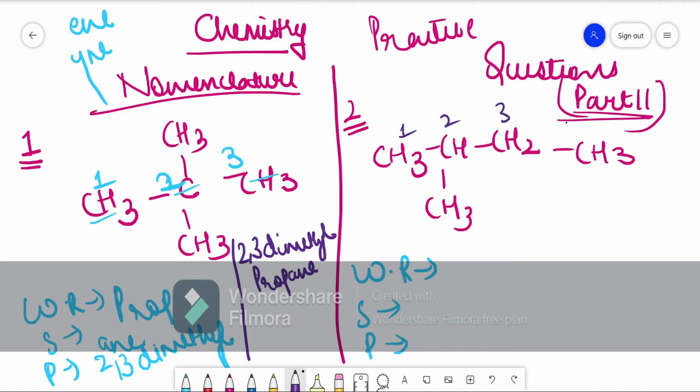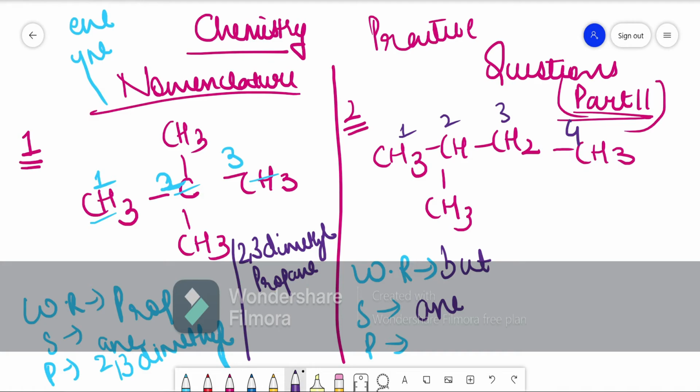Now for this one, first let's number the carbon. If you count from here it is 1, 2, 3, but if you take it the other way, it is 1, 2, 3, 4. So the word root is but, since four carbon atoms are present. Then what kind of bond is present? Single, so ane. The third thing is the prefix, where the functional group is present.